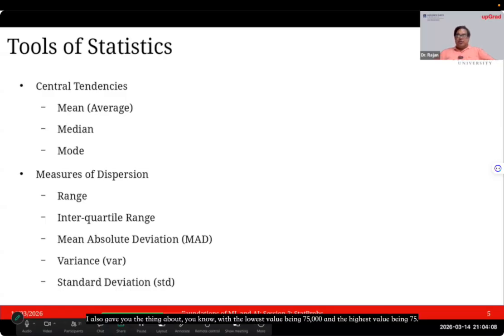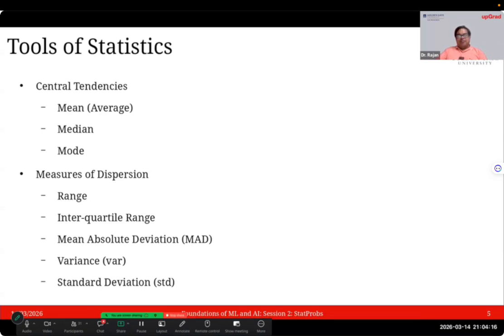I also gave you this thing about the lowest value being 75,000 and the highest value being 750,000. So I have given the range. That's called a measure of dispersion. The values are dispersed over this range. Okay, so measures of dispersion, there are multiple measures of dispersion.